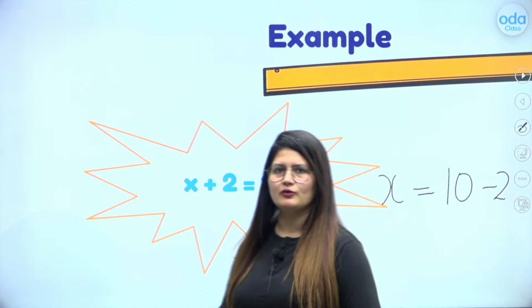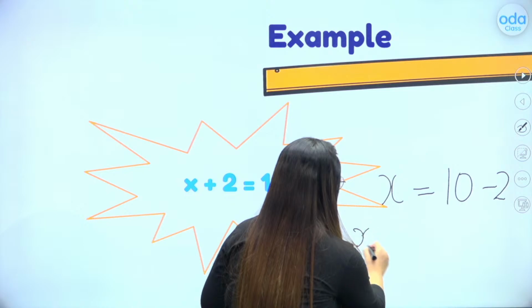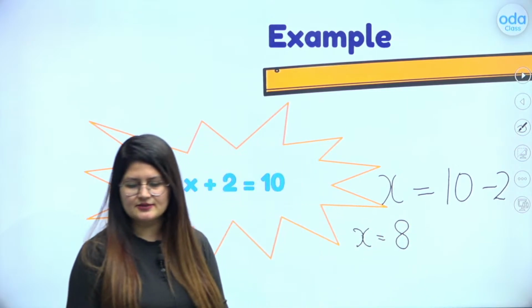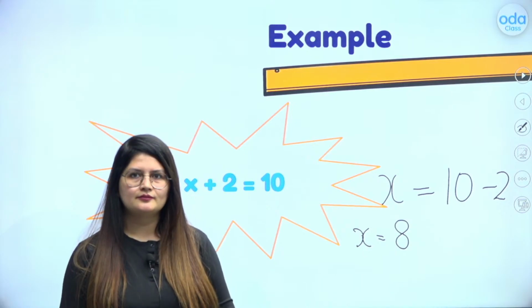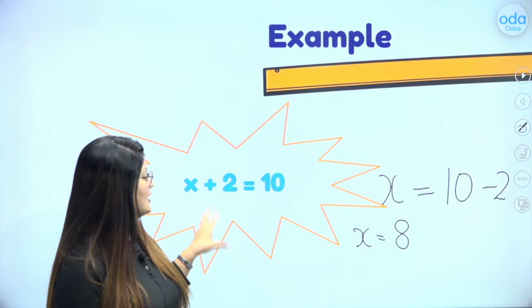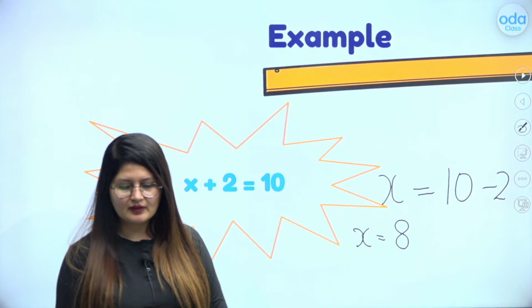What is the answer we are going to get? 10 minus 2 is equal to 8, so the value of x is coming out to be 8. Clear?